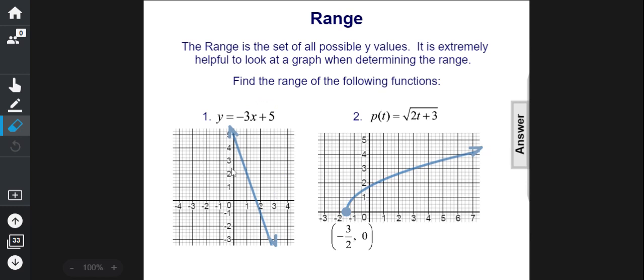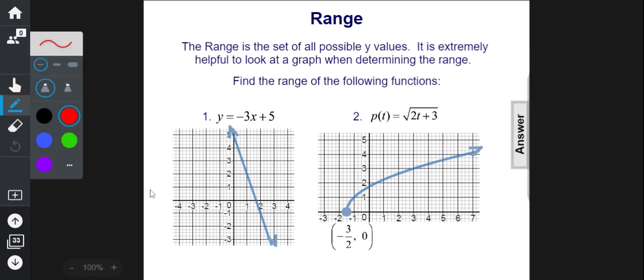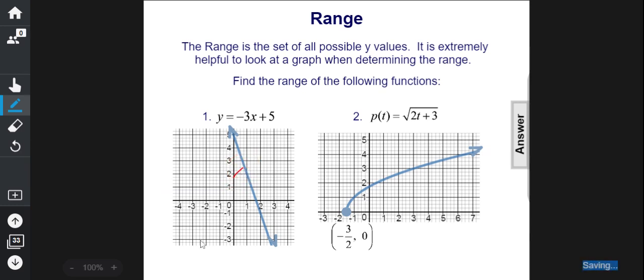In this particular example, we see the two arrows at the end, so we know it goes down indefinitely, and we also know it goes up indefinitely. So our range is going to be plus and minus infinity in this case. So my range, I'm going to put R, is going to be from negative infinity to infinity.